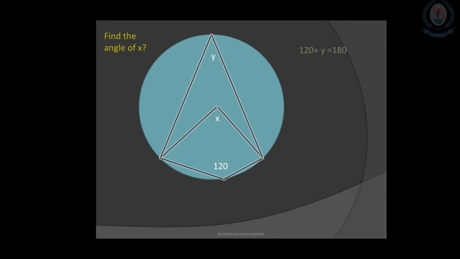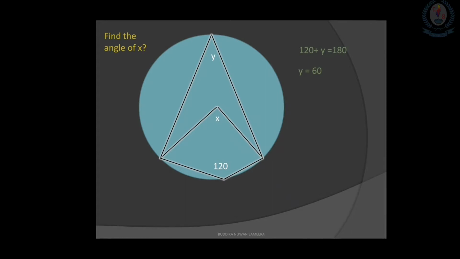Therefore 120 plus y should be equal to 180, because y and 120 are opposite angles of a cyclic quadrilateral. So the value of y is 60. Then angle y is the angle subtended by the circumference, and angle x is the angle subtended by the center.